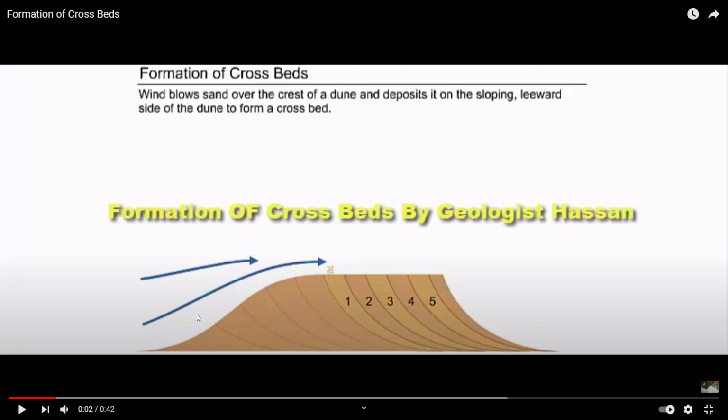This is going to show you the wind pattern, and how sediment can be eroded from one side of a sand dune, carried by the wind, and then deposited on the leeward side of that sand dune.